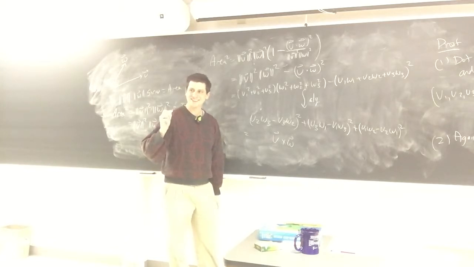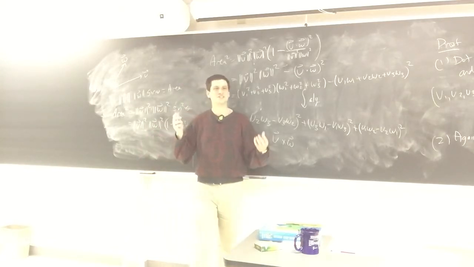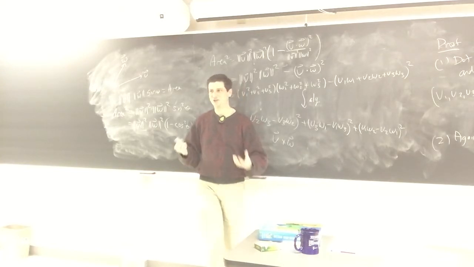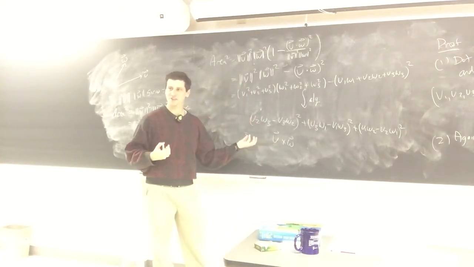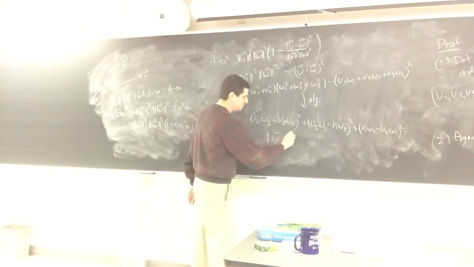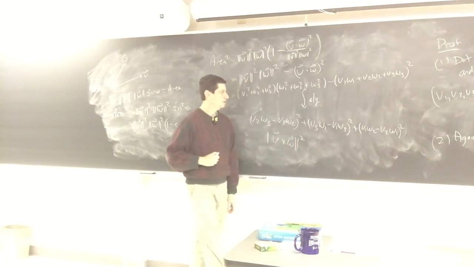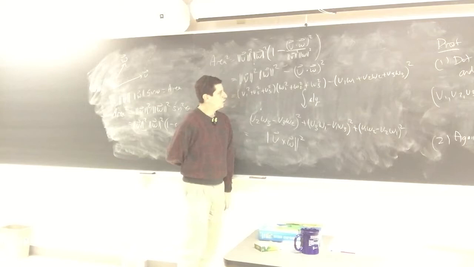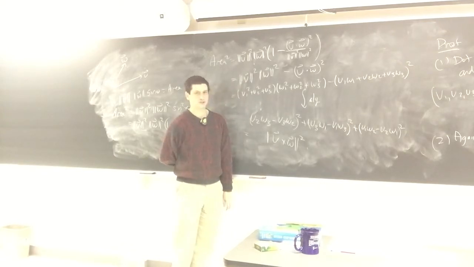Not the length, because it's the sum of the squares. If I had the square root, it would be the length. So because I don't have a square root, it's not the length, but the length squared. So this is the length squared. So it's not horribly painful algebra, but it's not pleasant algebra.